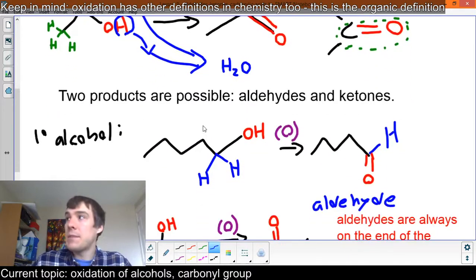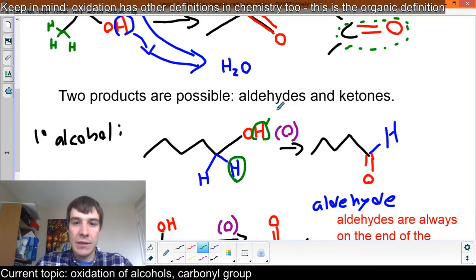So there's these 2 products that are possible. They're called aldehydes and ketones. The difference is where the oxygen was and where the double bond ends up. So if it's a primary alcohol, meaning the alcohol was on the end, you're taking 1 hydrogen off of here, but you leave behind a hydrogen. Those are going to leave. Bye-bye hydrogens. But you still have 1 hydrogen left on your carbon.